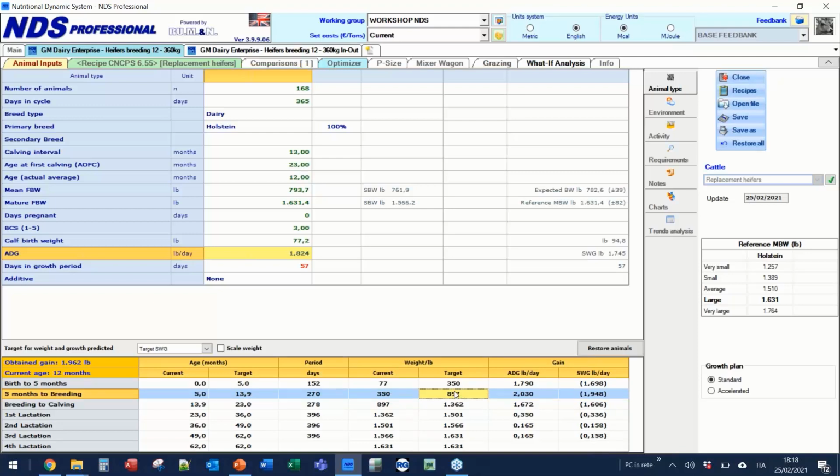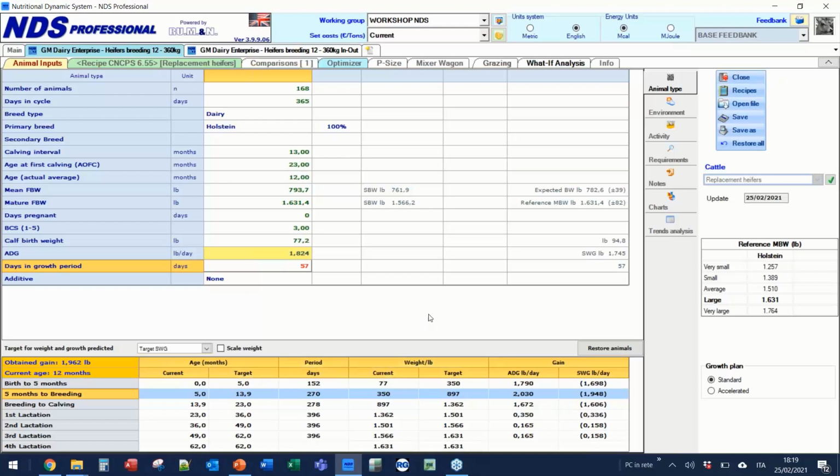And in this case, based on the target growth system, this heifer should grow 2 pounds per day, while the system is calculating a lower value, just because the weight of my heifers is a little higher than expected. So in order to reach 900 pounds in the days in growth that are estimated by the system, it proposes a lower growth to reach the goal.